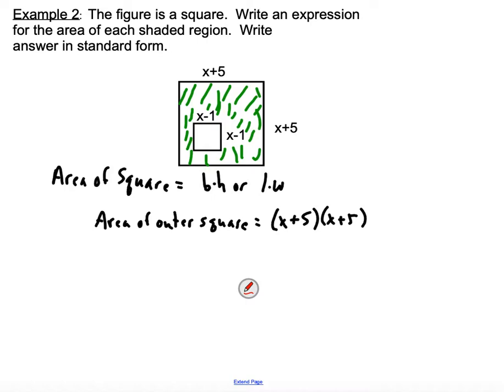So take x and distribute it through the second set of parentheses, and we get x squared plus 5x. Now go ahead and distribute the 5 through the second set of parentheses, and we get 5x plus 25. Combine those middle terms.